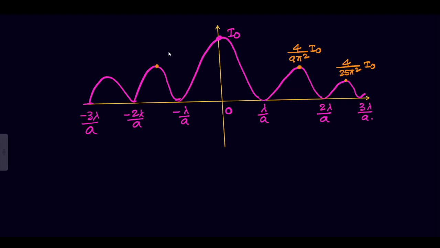And here this intensity is 4 by 9 pi square into I naught, and this is 4 by 25 pi square into I naught. We get the intensities like this. Once they asked this question, the intensity ratio, so you need to remember this also.